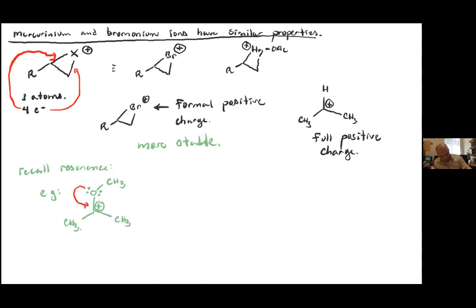And what I end up with is this structure on the right. If I now analyze these structures, what I find on the left is that the carbocation, that carbon, lacks an octet.